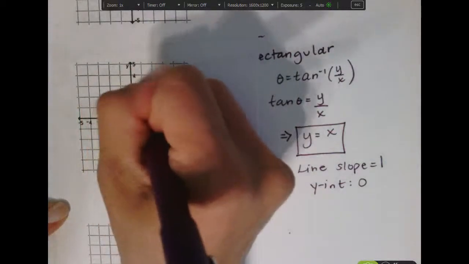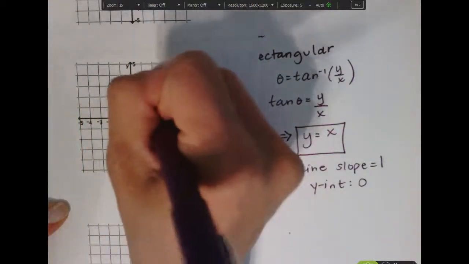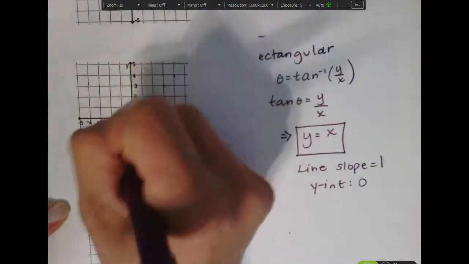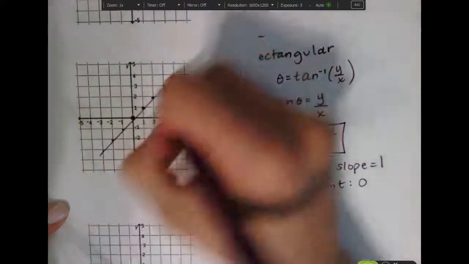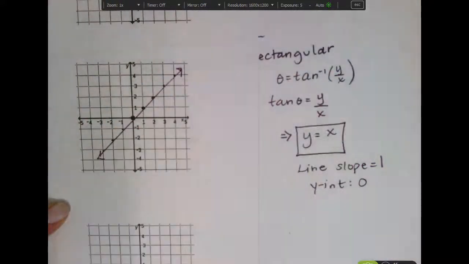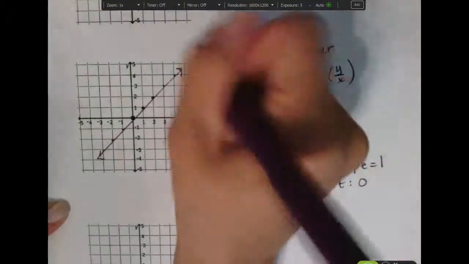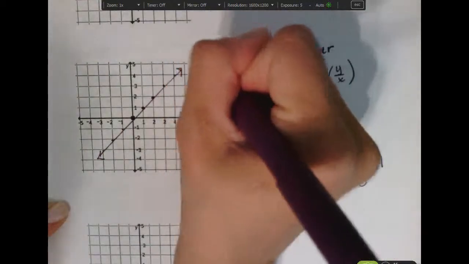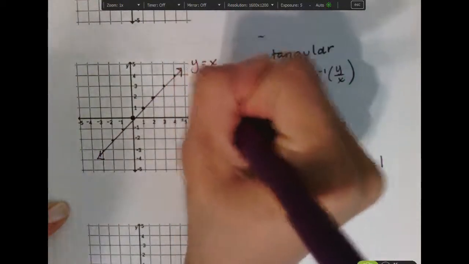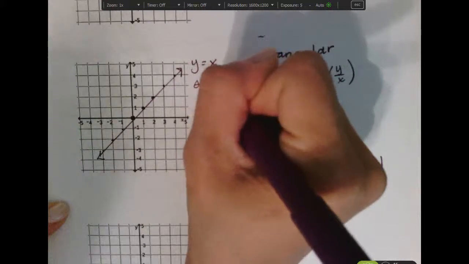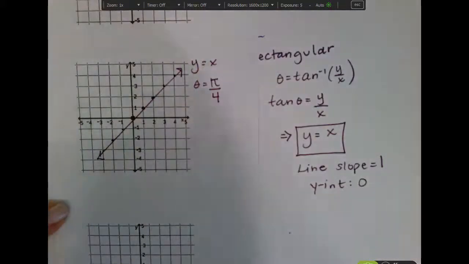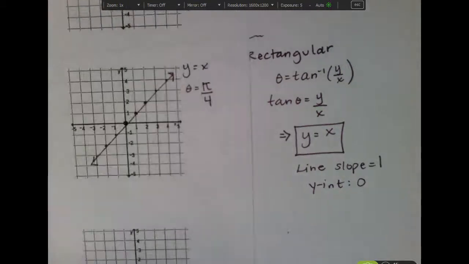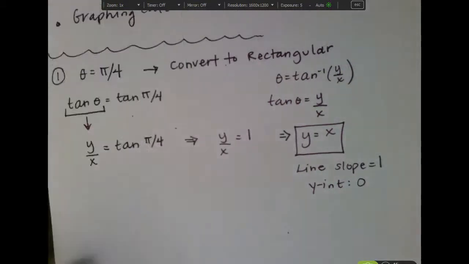A slope of 1 means I'm going to go up 1 and over 1, and I can continue to do that until I create this line. So this graph represents the graph of y equals x, but it also represents the graph of theta equals pi over 4. So there's one example. Let's look at another.